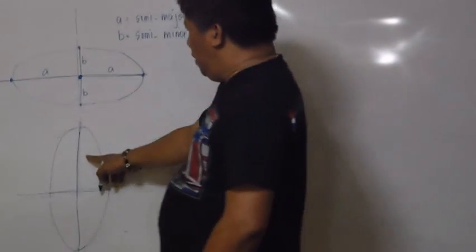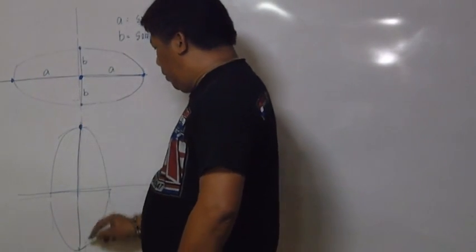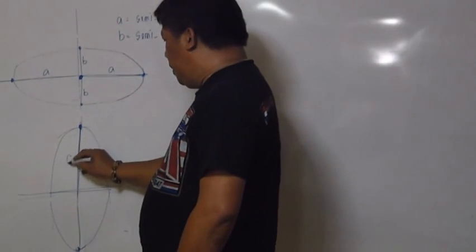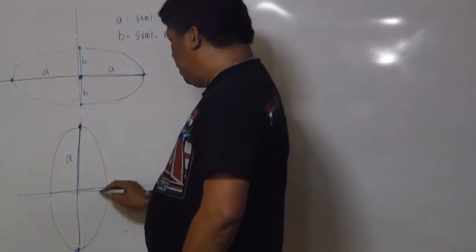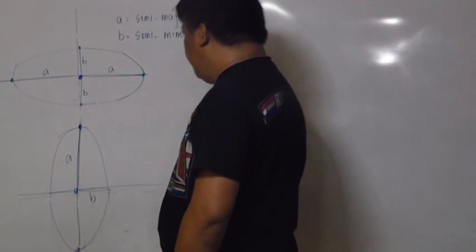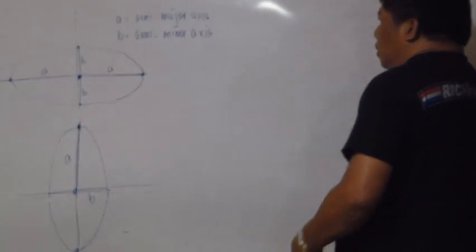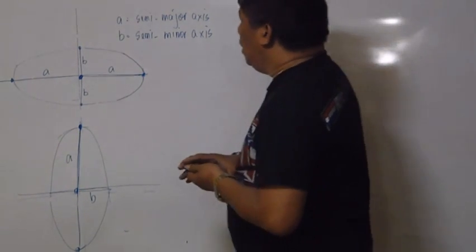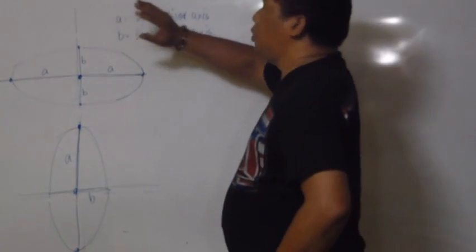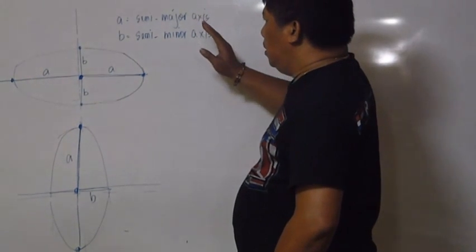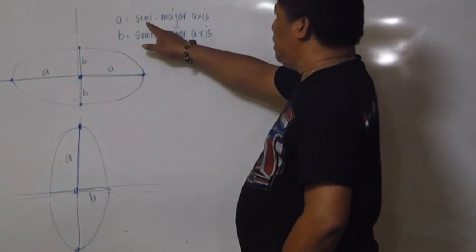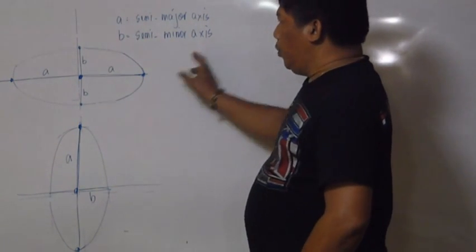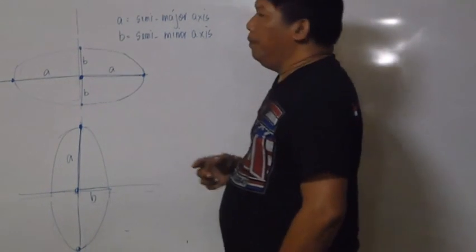Here, in the second diagram, our vertices is along y, such that along y is our A, and along x is our B, from the center. So, the important aspects that can be considered in finding the equation of an ellipse are this semi-major and semi-minor axis, as to what is the value of this and the value of that.